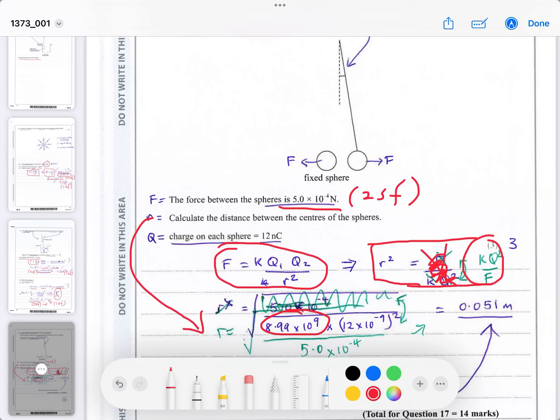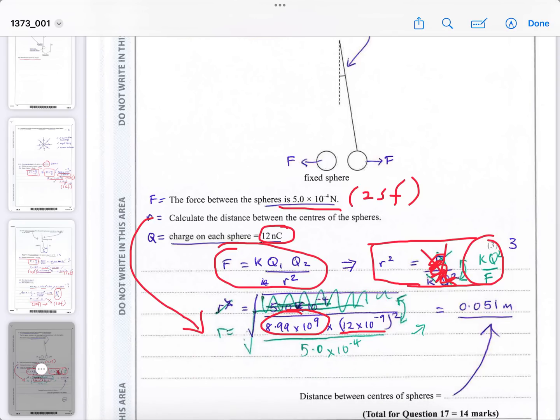Okay? So once you got this K, this is Q squared. Yeah, because they told us it's 12 nanocoulombs. That's the charge of each sphere. You have to square them because it's 12 times 12, and then divided by the force, which is given to us in the question. You'll get the separation, the distance between the centers of the spheres, as I was saying, as being 0.051 meters.